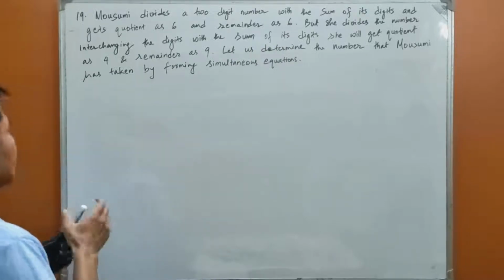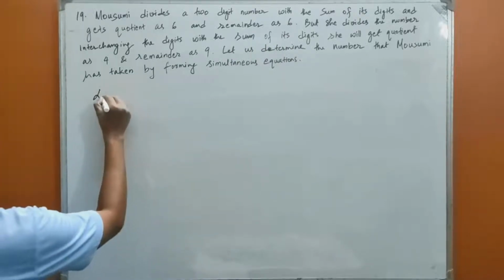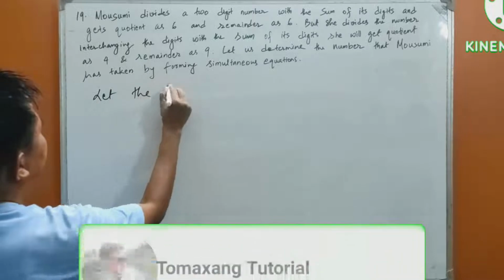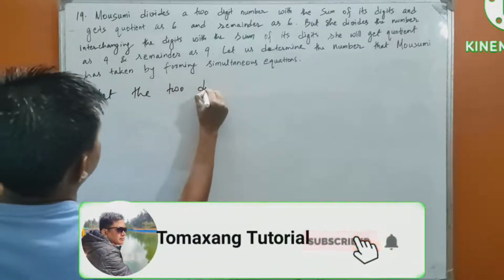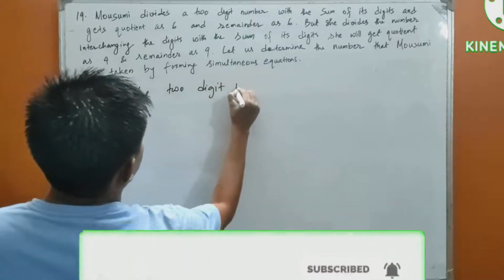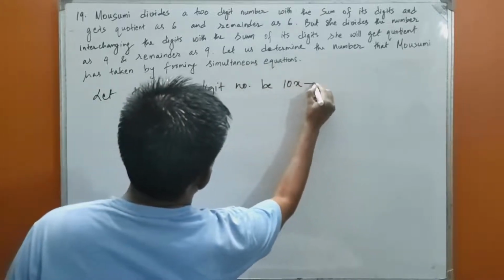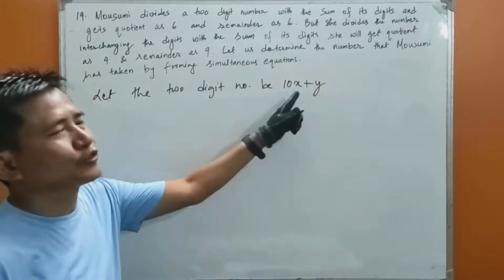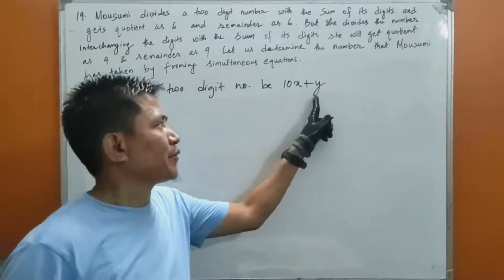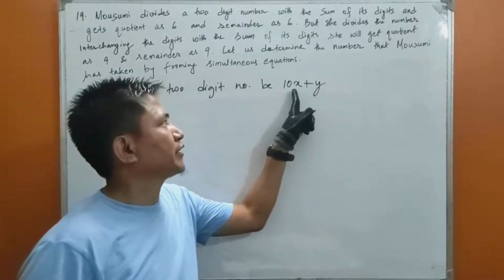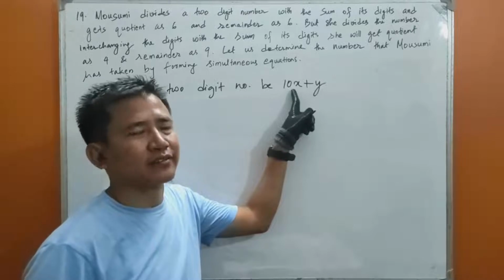Okay, let the 2-digit number be 10x plus y. This is the 2-digit number, isn't it? Number in the unit place is y and the number in the tens place is x.